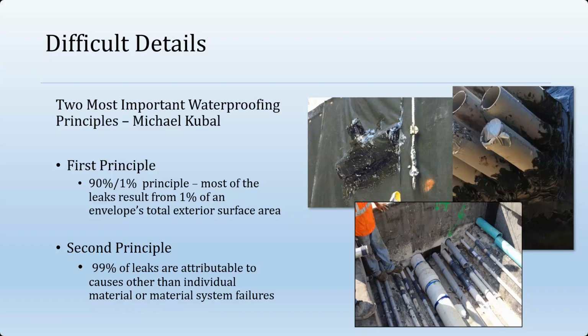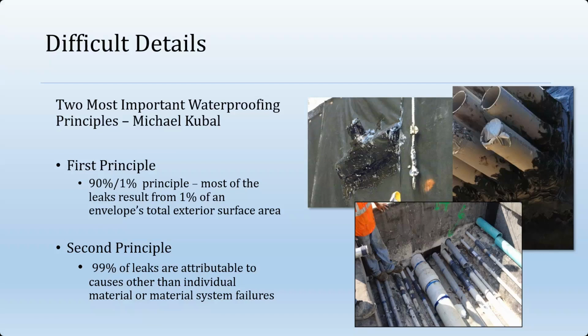This is not from that project, but this always reminds me of that condition. Unfortunately, Turner didn't have any information on their drawings as to what all of this battery of utilities was going to. But rather than waterproof around all of these pipes, they basically created a giant vault around it. And it's a lot easier to waterproof a right angle, a 90-degree corner, as opposed to trying to waterproof around all of these penetrations.